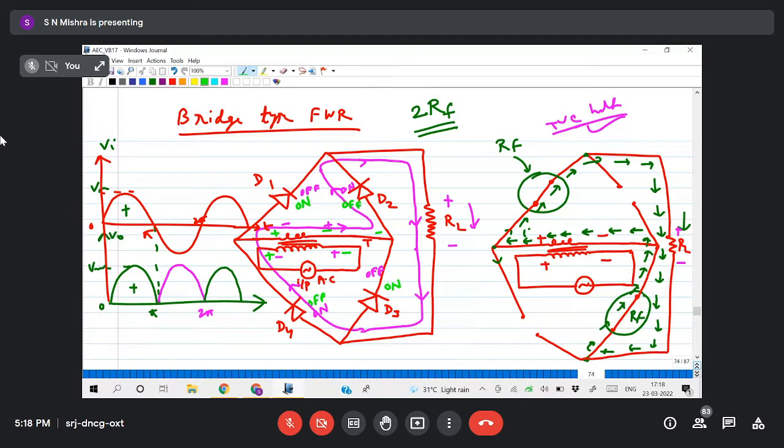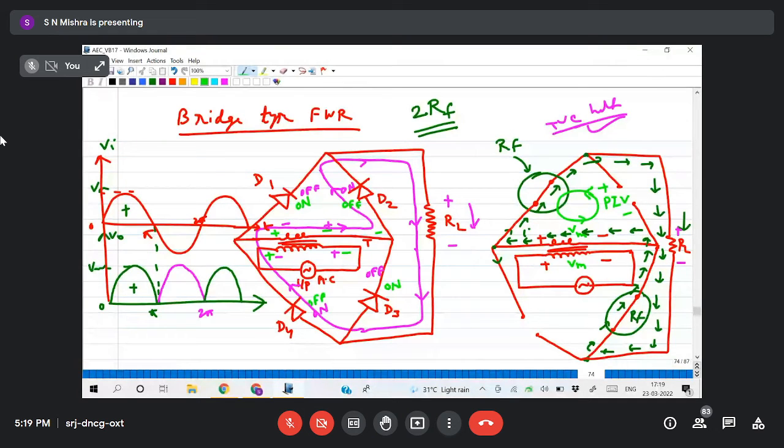It is the same thing, because two diodes are on and two are off. So if I give VM here, I'll get VM here, and across this one, minus plus, this is your PIV. So I'll get a loop here.